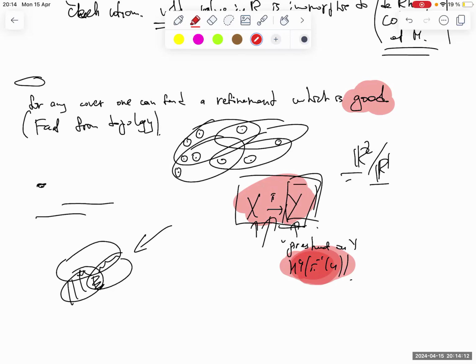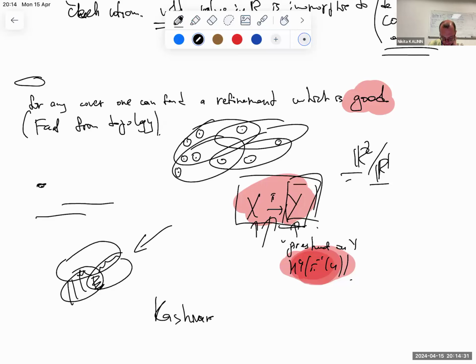Okay, thank you. You can ask maybe some algebraic geometers about that. And also there is a book called Sheaves on Manifolds, by Kashiwara and Schapira.